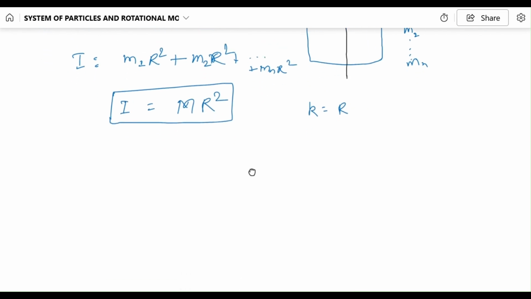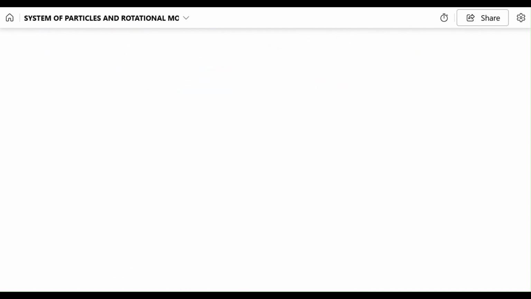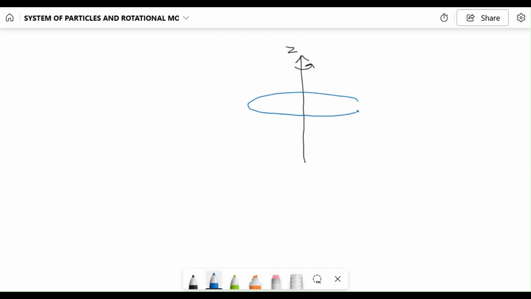Now what about this? Okay, so let us consider, here we have a disk which is being rotated about this z axis. So let me draw. This is a two-dimensional circular lamina of negligible thickness, so you may think of it as a mass distribution in a plane.